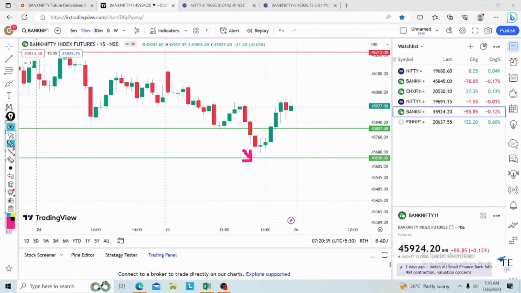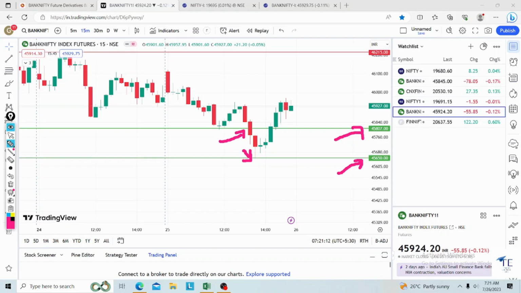Exactly we told 45,650 is our demand. This is the first demand, 45,807. One candle closed at that area, 45,807, and second, exactly the market came to the second demand zone 45,650.